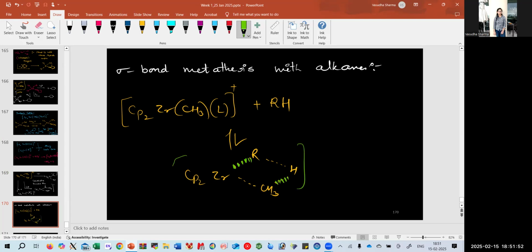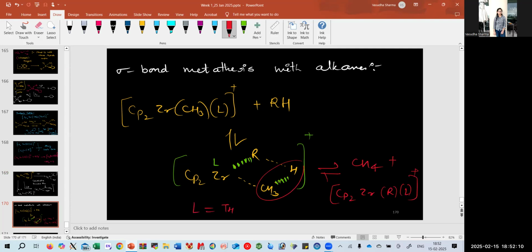Positive charge is there, there is a ligand. So ultimately it would release CH4 and Cp2Zr(R)L positive. If L equals THF molecule, then it is a slow reaction. If L is PMe3, then it is a fast reaction.